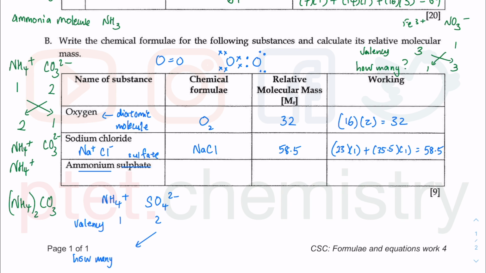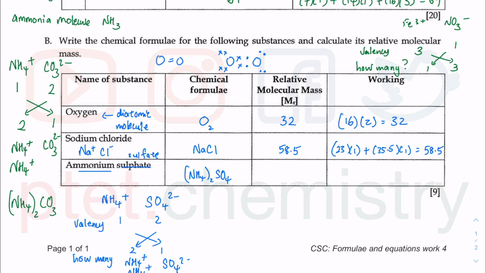So, we crisscross the valency, so 2 and 1. So that means I have got 2 of the NH4 plus, and I've got 1 of the SO4 2 minus. Make sure you know how to get that, and make sure you know how to write these. The numbers are at the bottom as I've gone through in work 1, work 2, and work 3. So I've got 2 of that ammonium ion.